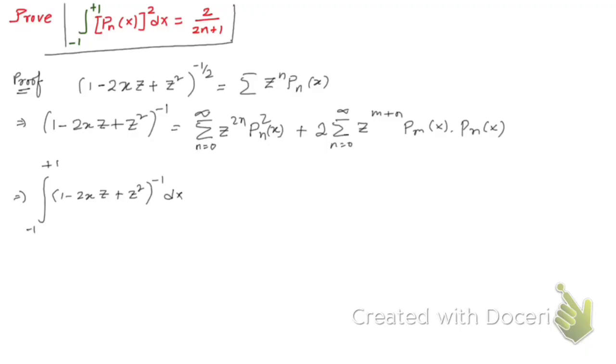We are integrating with respect to x. On the other side, summation from n equal to 0 to infinity. I'm not going to write n equal to 0 to infinity all the time; hope you will understand if I write summation only.